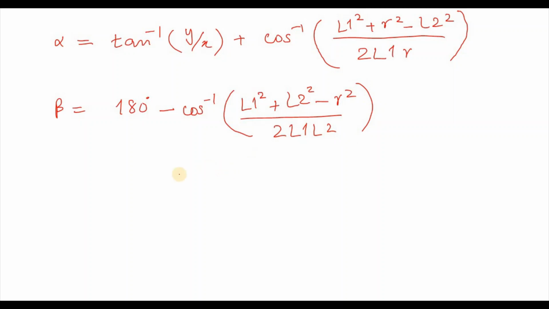Yeah, so it means that we can calculate the value of alpha and beta angles if we know the location of your end effector, we know the xy coordinates, then you can easily find this angle, beta, and your angle alpha.